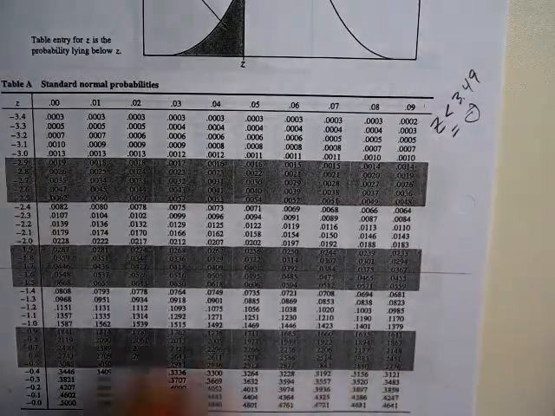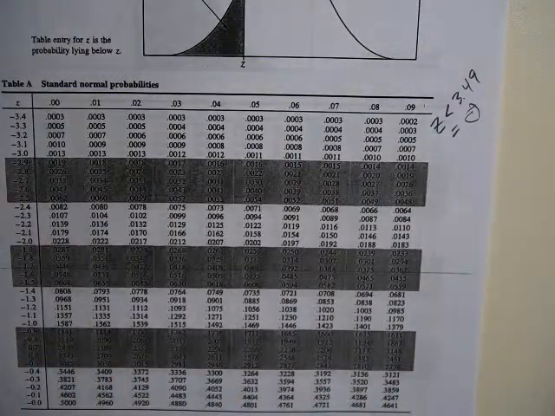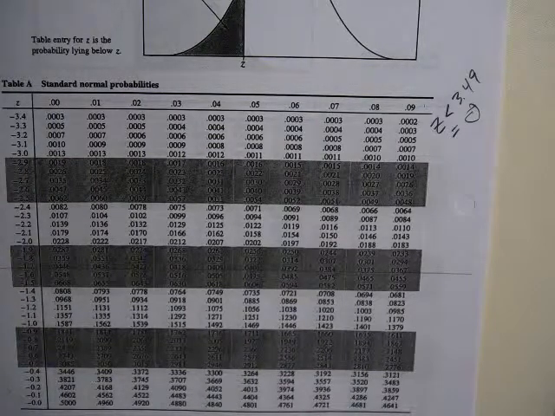So if you're negative 4 standard deviations out, the probability that something is less than that is effectively 0. There is actually a probability there, but it's so small that we don't worry about it. It'd be such an incredibly rare thing.